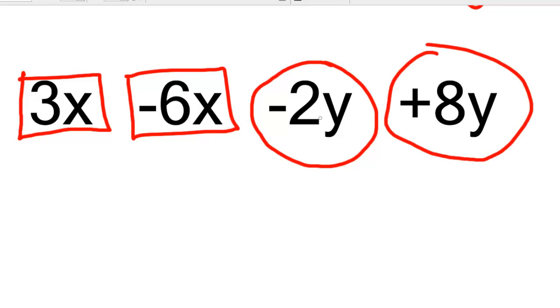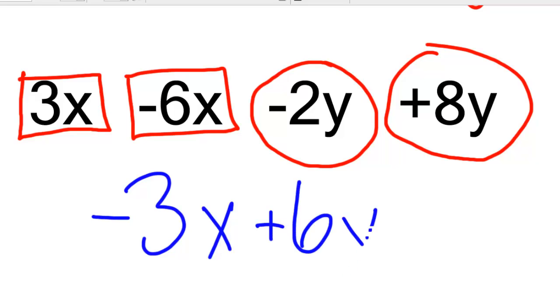Now these are next to each other, so it's pretty easy, but when things get complicated, this tactic will help us out. 3x minus 6x is going to give us -3x, and here we've got -2y plus 8y, and that's going to give us positive 6y. And that's it. We can't simplify any further because there are no more like terms.